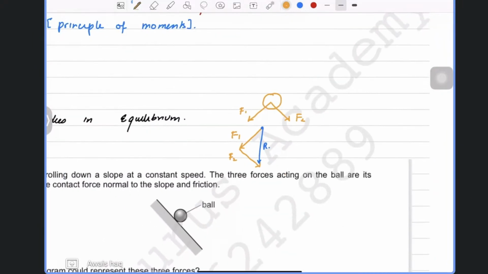But in the same diagram, to balance this, if I add another force F3, then the diagram would be F1, F2, and F3, with the same head to tail rule.